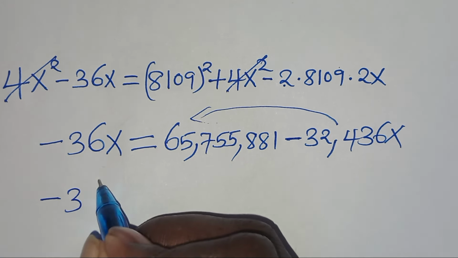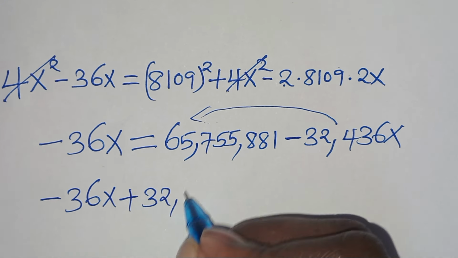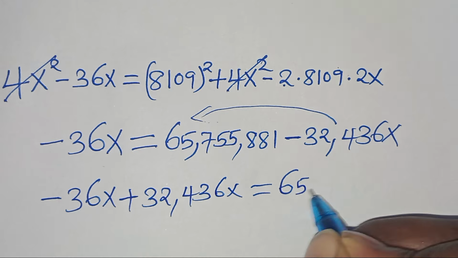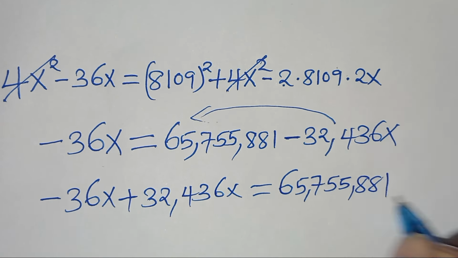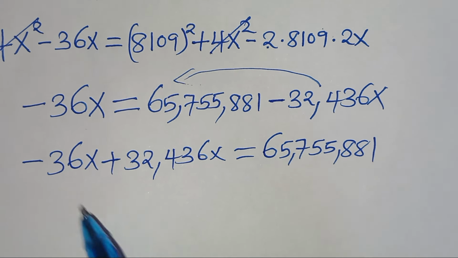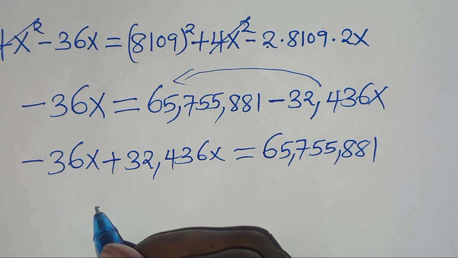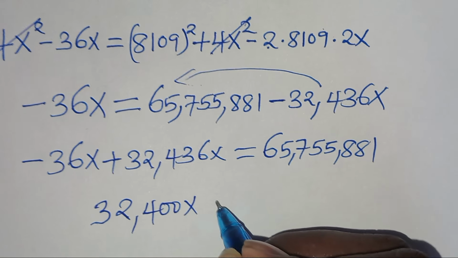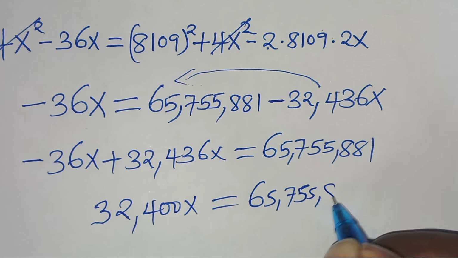The next step is to take minus 32,436x to the left hand side, so that we have minus 36x plus 32,436x, equal to 65,755,881. From here, minus 36x plus 32,436x is actually 32,400x, equal to 65,755,881.